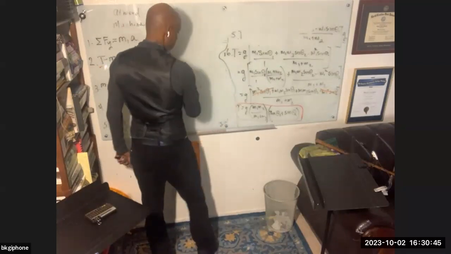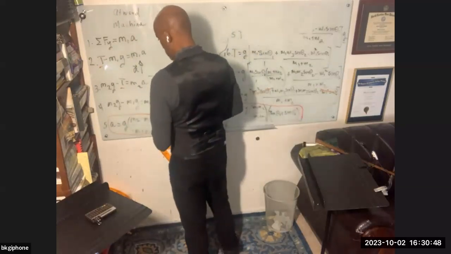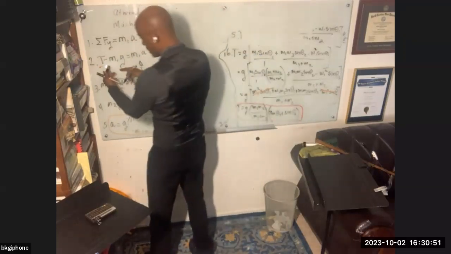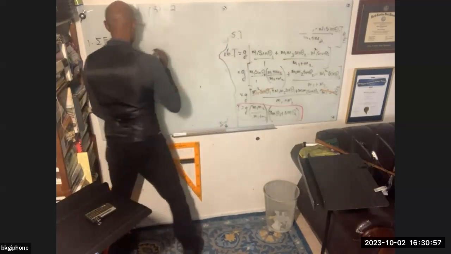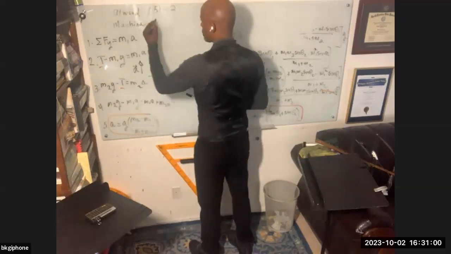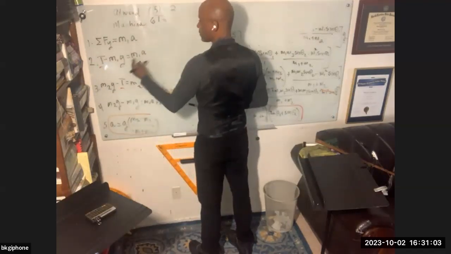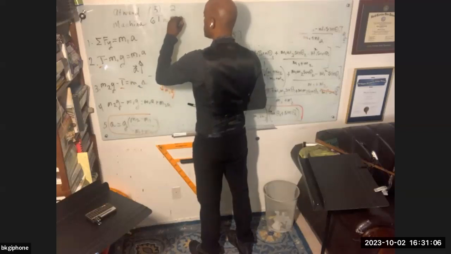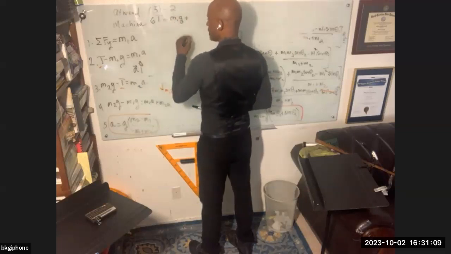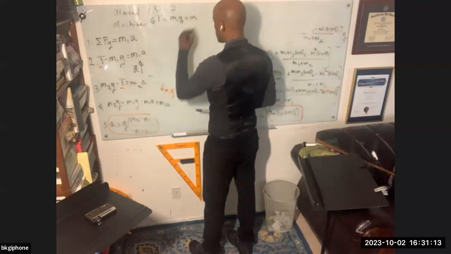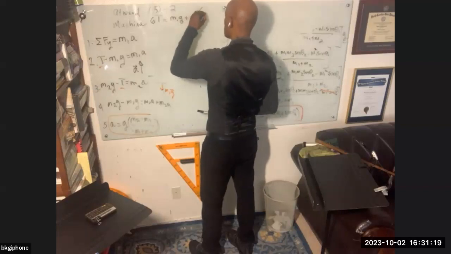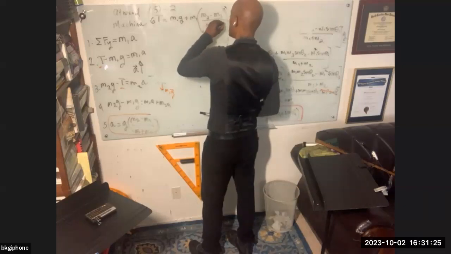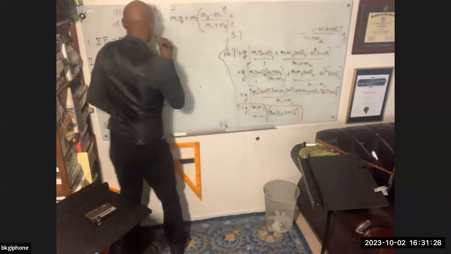So putting equation 5 back into 2, and then taking the minus M1G over, the T is going to be equal to M1G plus M1 times this thing, which is, get the G out here, M2 minus M1 over M1 plus M2.